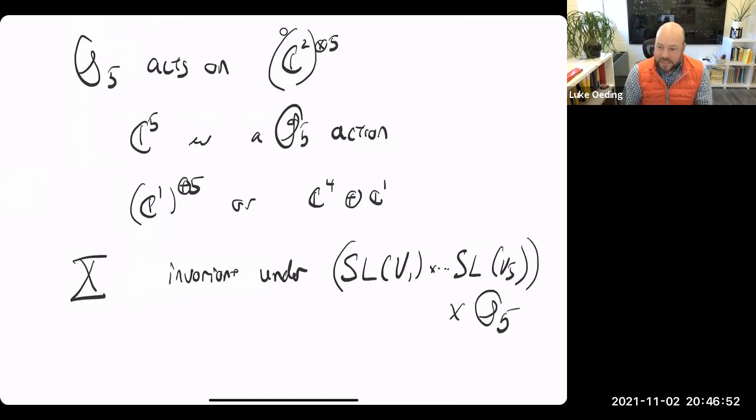So if that's the situation, if I have a variety invariant under the action of all of these groups, then I can get an even finer decomposition than what we've been talking about before by looking at the S5 modules that act inside of here.